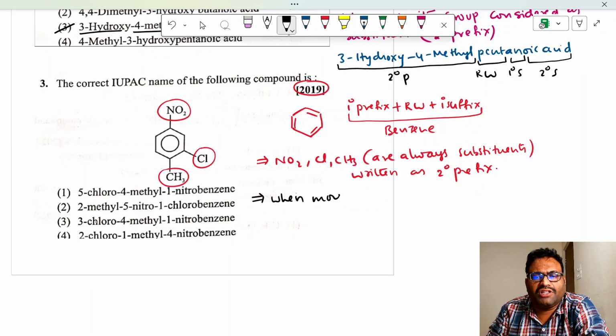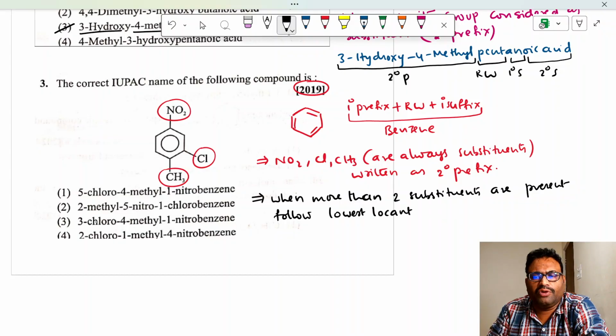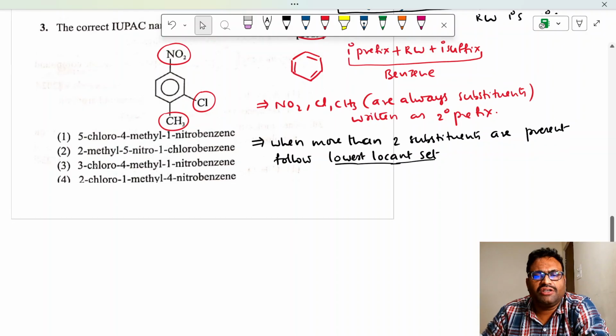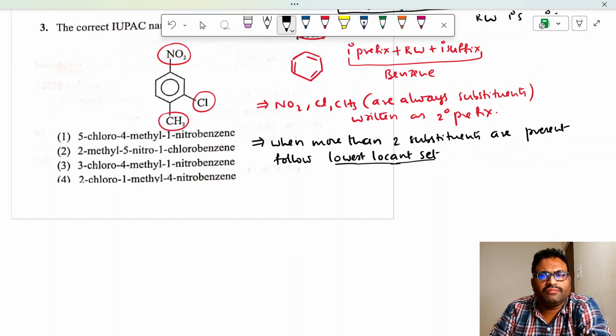We need to follow the lowest locant set rule. Lowest locant set rule. Okay. So now let us see what is this lowest locant set. Here what is given?